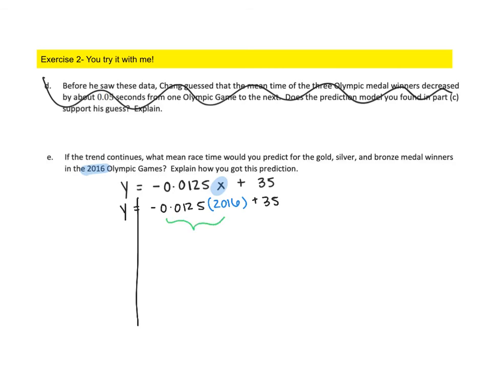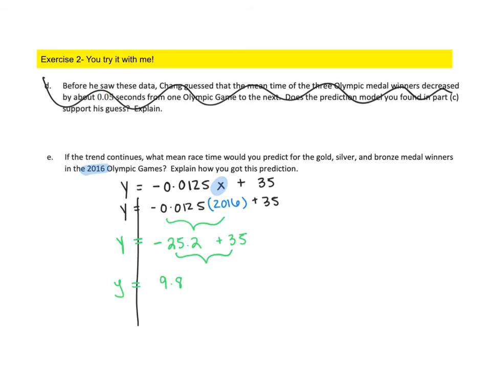These two numbers, the first thing we're going to do is multiply those together. 2016 times negative 0.0125, I get negative 25.2. From there, I'm just going to do this math. Negative 25.2 plus 35. And what I get is 9.8.